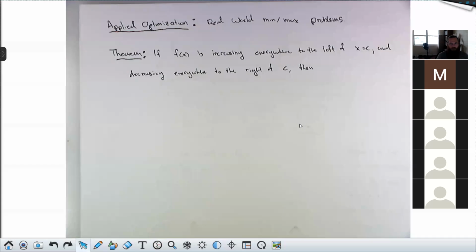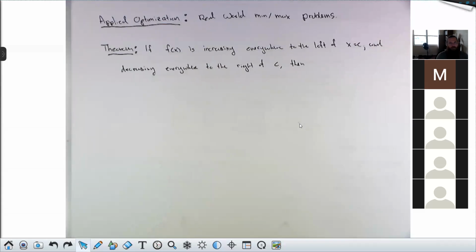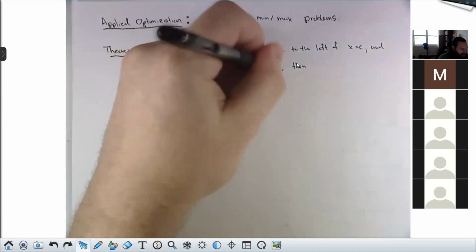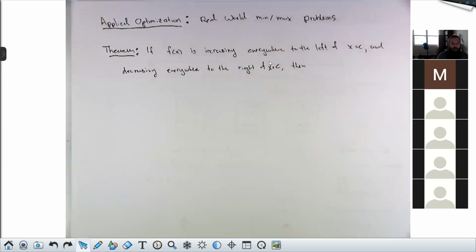I want you to think again about that first derivative test. If you're increasing to the left of c and you're decreasing to the right of c, then what feature do you have to have at x equals c? A local max. It's true that we have to have a local max.